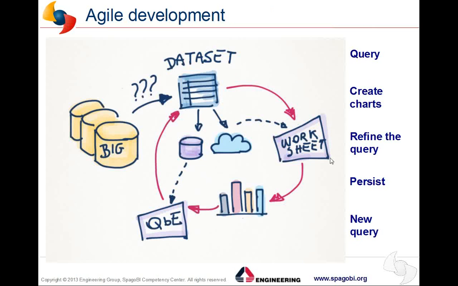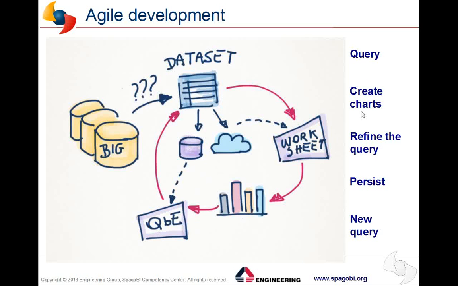Okay, this is a query. You can create charts over this query result set. And then here, maybe you are not satisfied, you want to refine the query, then you can access the query by example engine, you can access the dataset itself once again, and you can maybe persist it once again to make it available as a new dataset, or you can create a new query, and so a new dataset, and you can persist the result set.